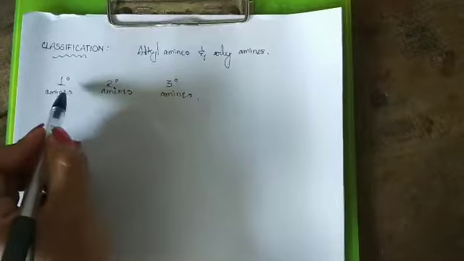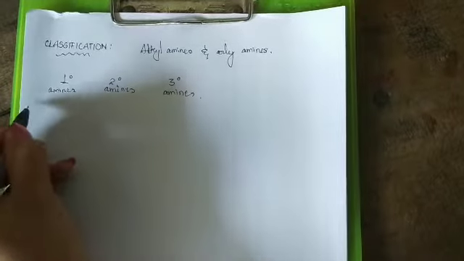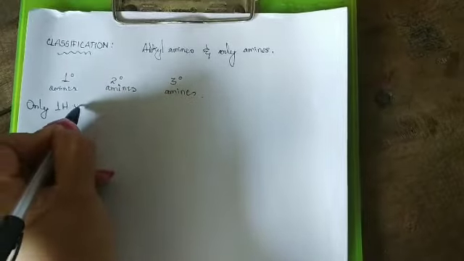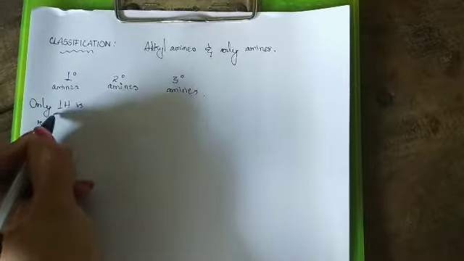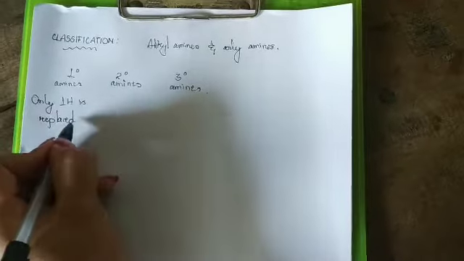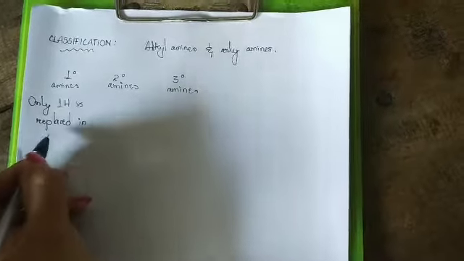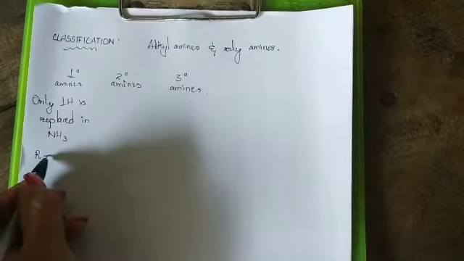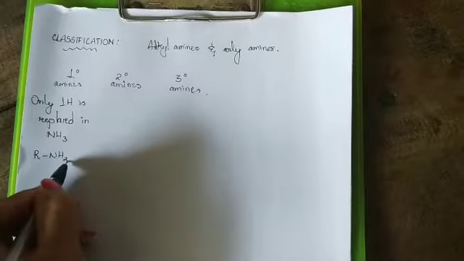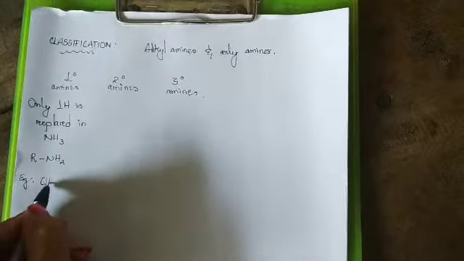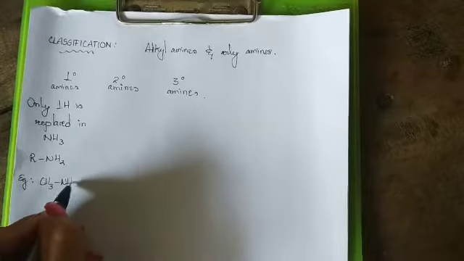Now the amines are called primary amines when only one hydrogen atom of ammonia is replaced. That means one alkyl group replaces one hydrogen atom. For example, we have the symbol.